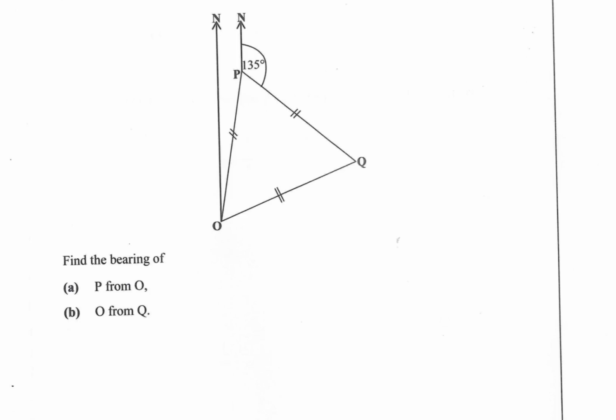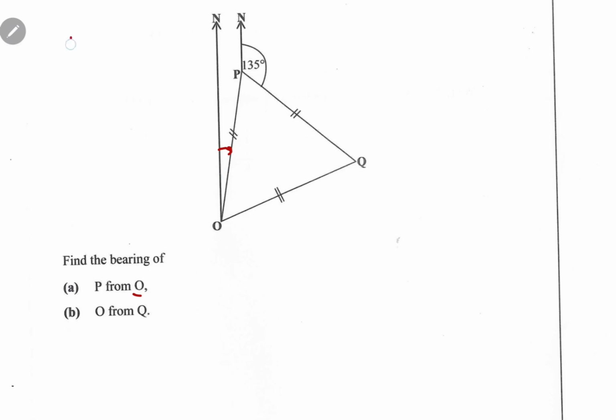Find the bearing of P from O. So immediately you are told P from O, you stand at O. Where is O? Right here. You put up a north. There's already a north. Then you move until you meet the line PO or OP. So you're going to move slightly here. So this is the bearing that we are looking for. This right here.